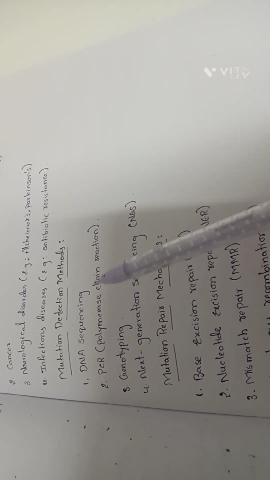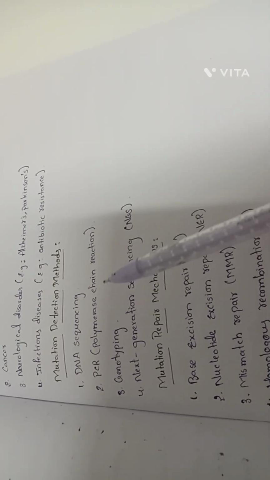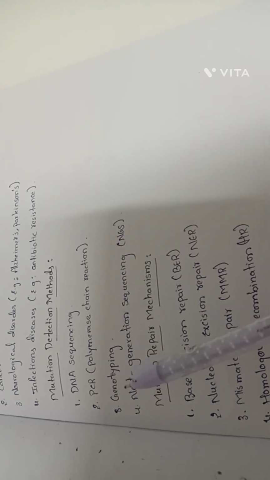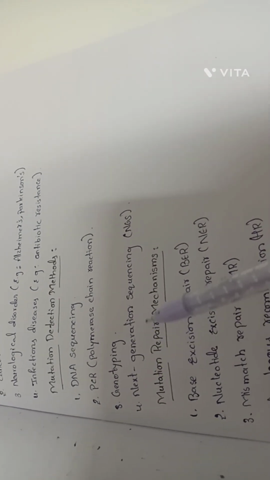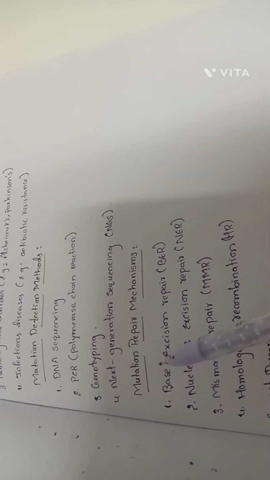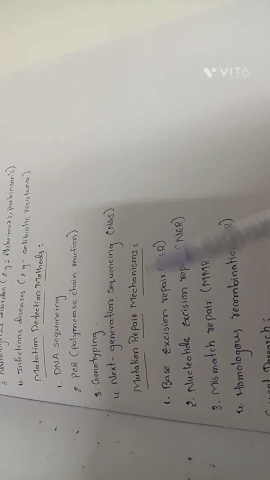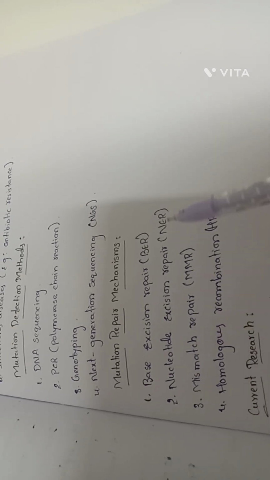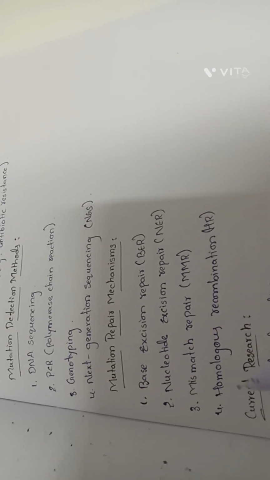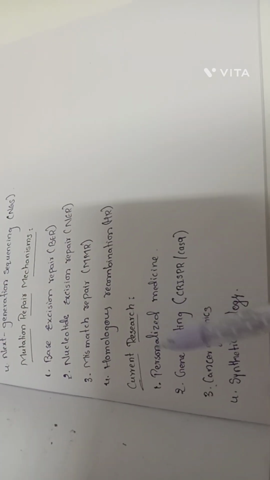Mutation detection methods: DNA sequencing, PCR, polymerase chain reaction, genotyping, next generation sequencing. Mutation repair mechanisms: base excision repair, nucleotide excision repair, mismatch repair, homologous recombination.